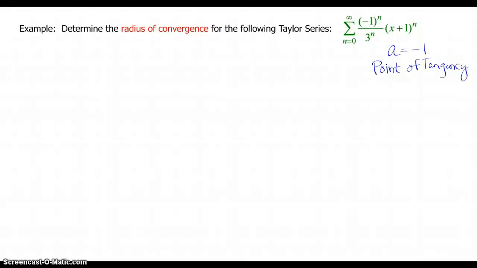But the process is still the same. I'm still running the absolute ratio test. Now, in the absolute ratio test, when I wrote a sub n and a sub n plus 1 that I was going to put into my limit, I never put the alternating term in there.